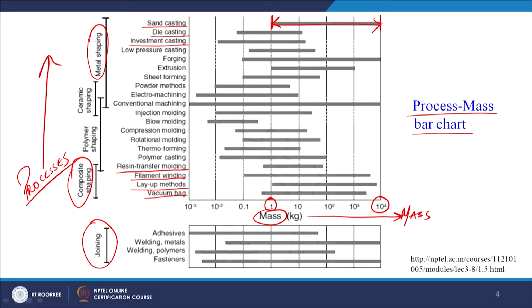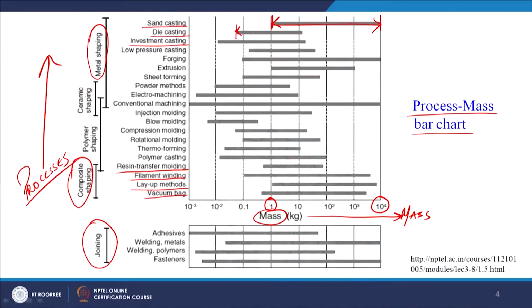Whereas we have seen in the previous slide that if we have to make smaller components, we can make use of investment casting and die casting, or not smaller but lighter components where the mass is less. Now let us see die casting: you can see the range for die casting is considerably lower than the sand casting process, and for investment casting you can see the range is further narrow.